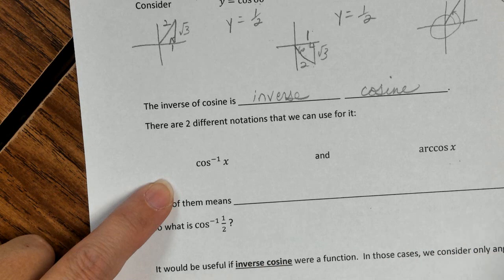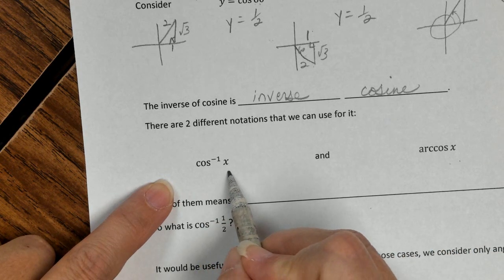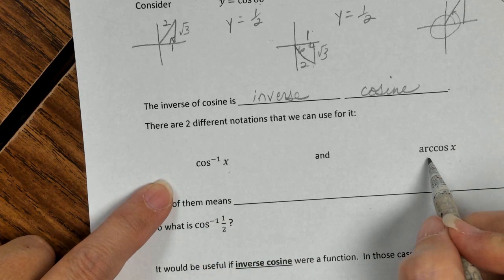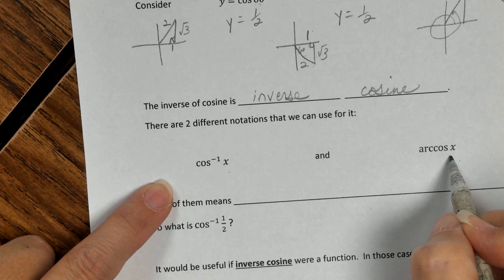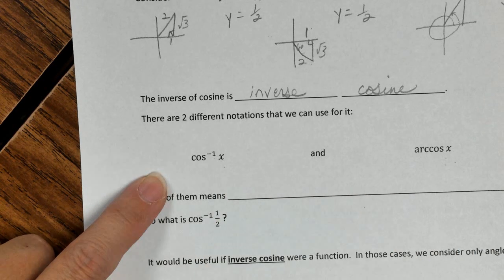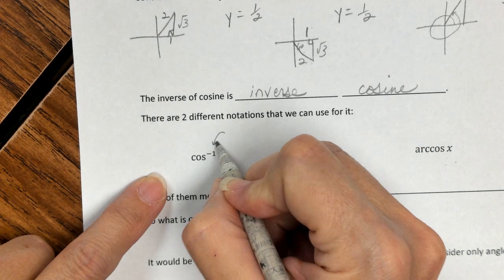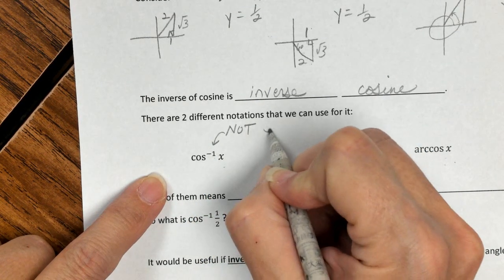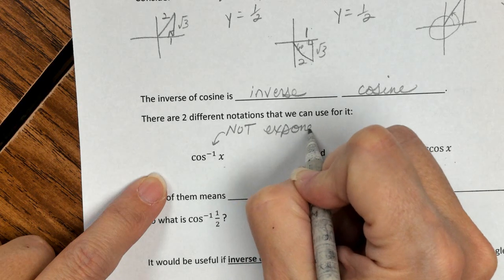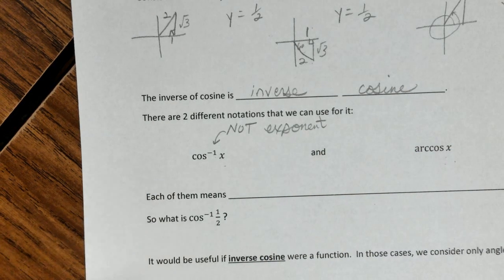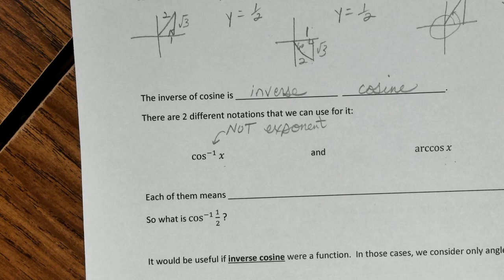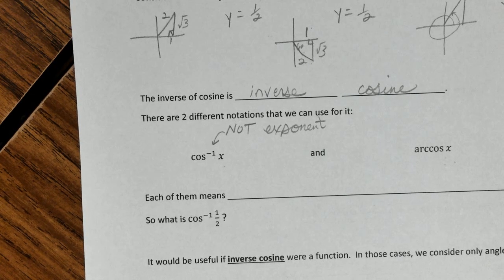Both of these, inverse cosine of x or arc cosine of x, they're the same thing. That -1 is just a notation. It is not the same as 1 over cosine of x. It's not the reciprocal. That is not an exponent. It's just the notation that is often used for inverse cosine. Okay, not an exponent.